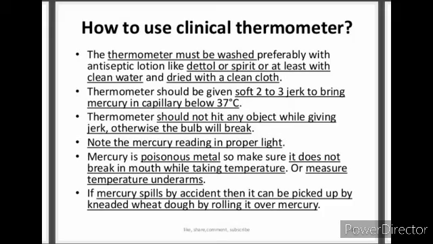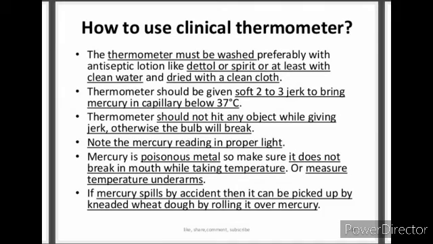Mercury is a poisonous metal, so make sure that the thermometer does not break in the mouth while taking temperature. This happens mainly in the case of kids. They tend to chew it, and this is very dangerous because mercury is very poisonous. So for them the temperature should be measured in the underarms.